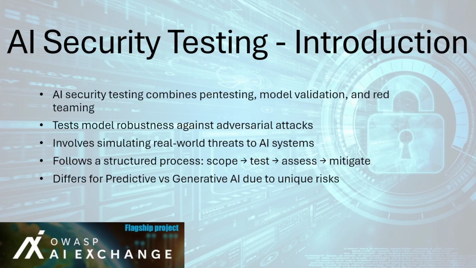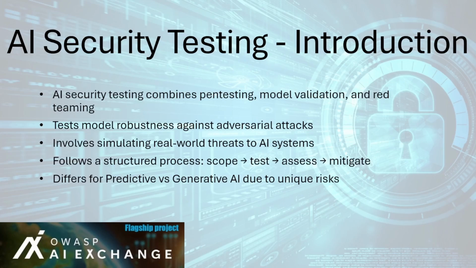Best practices are as follows. 1. Follow a systematic testing process. So, understand model, identify threats, simulate attacks, assess risks, and validate fixes. 2. Tailor tests for predictive models, for example ML classifiers, and generative AI, for example LLMs. 3.